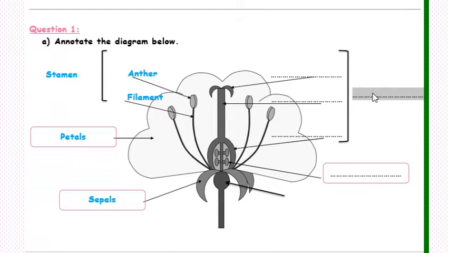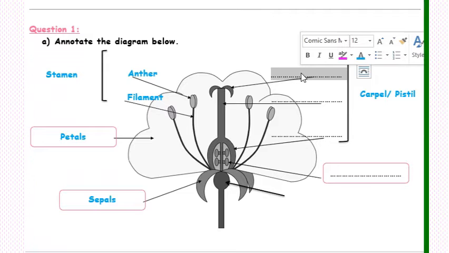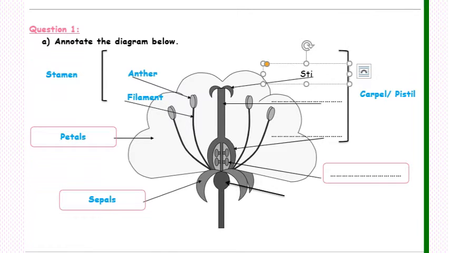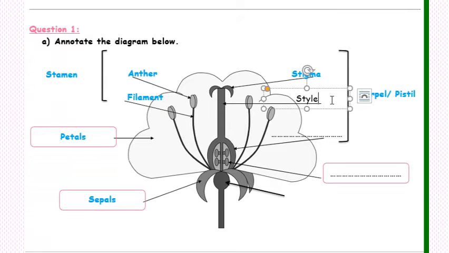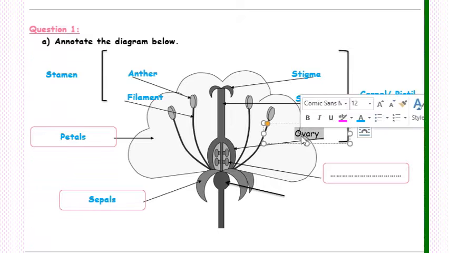This is for sure the pistil or the carpel. Both answers or both names are correct. This female part is made of 3 different parts: the stigma, the style, and the last part that acts like a belly to hold the babies inside, which is the ovary.